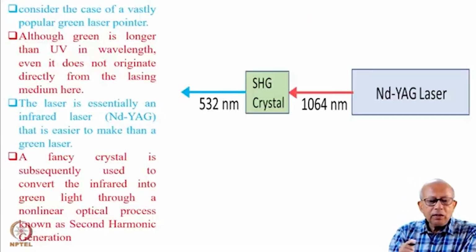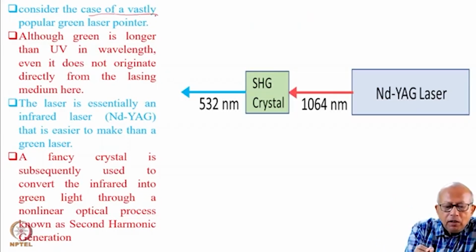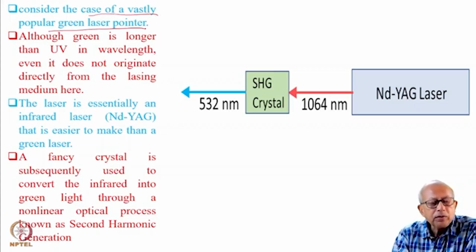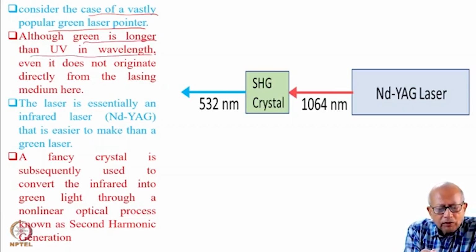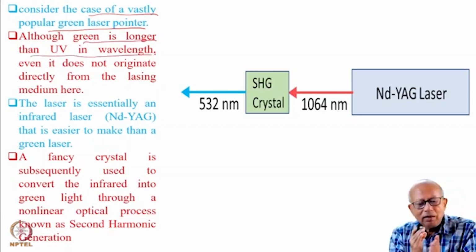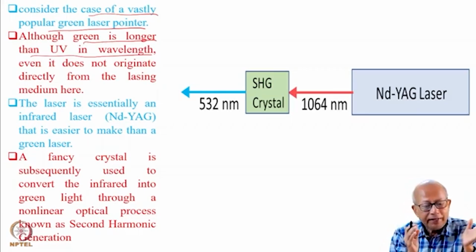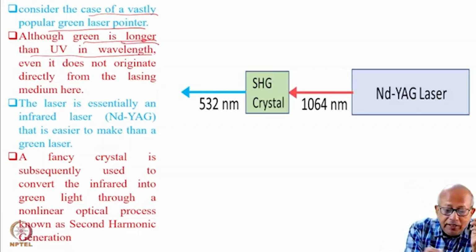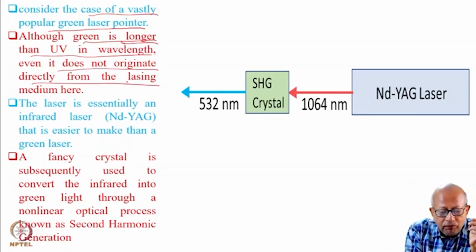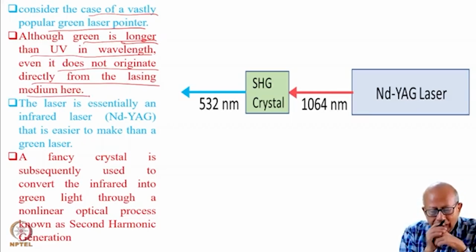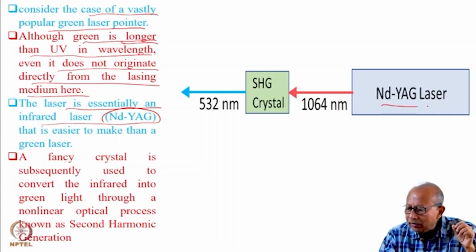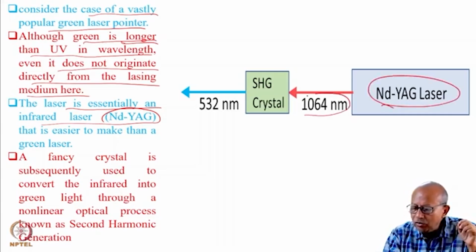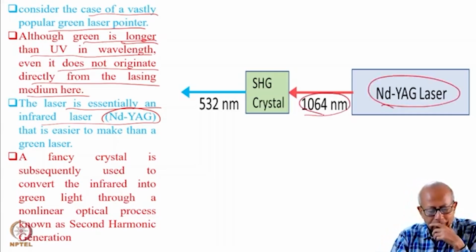Even if you consider the case of a vastly popular green laser pointer, let us consider. Although green is longer than ultraviolet wavelength, it is still closer to ultraviolet than red. Even this green light does not originate directly from the lasing medium. The laser is essentially an infrared laser, that is the Nd:YAG laser, which emits at 1064 nanometer wavelength.